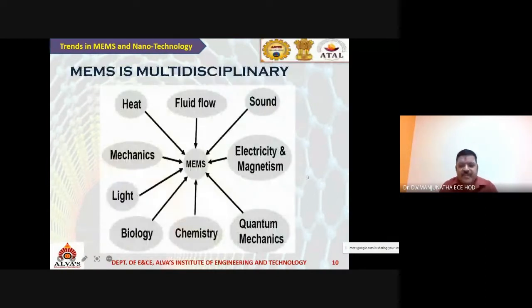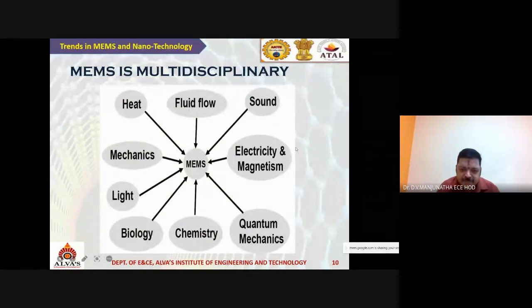So what are MEMS? I can say it is interdisciplinary. MEMS has entered into thermal area, fluidic flow, sound, electricity and magnetism, quantum mechanics, chemistry, biology, light, mechanics. Mechanics, heat, and fluid flow come under the mechanical area, and sound, electricity, magnetism come in electronics, and quantum mechanics is a physics area, chemistry, biology, and light again optoelectronics.